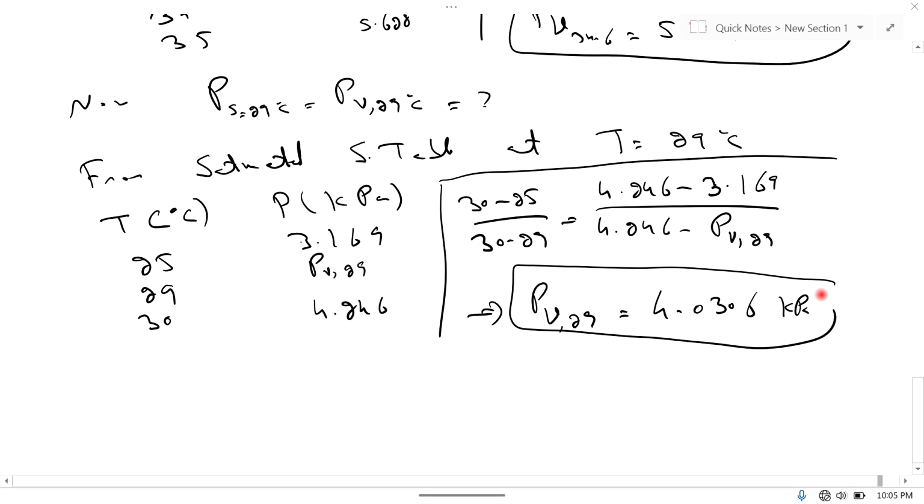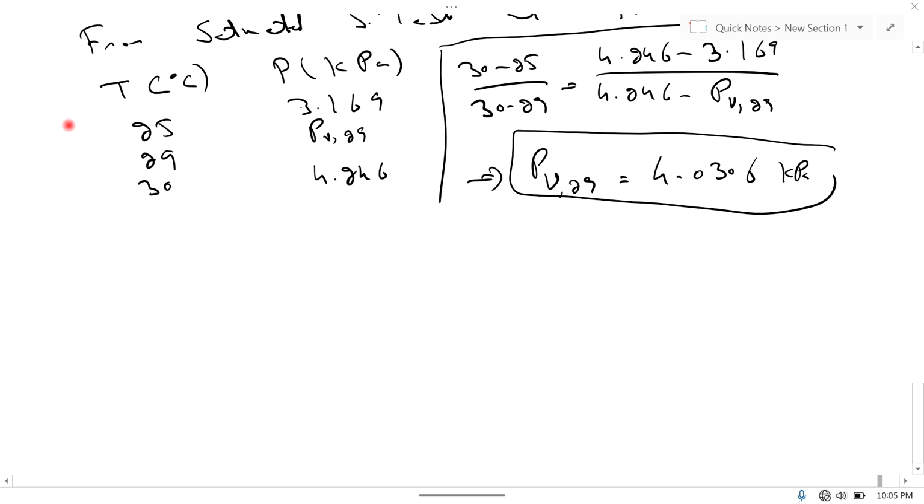Now in the solution in part 1, the required value is mass of air removed per 1000 kilogram of steam.